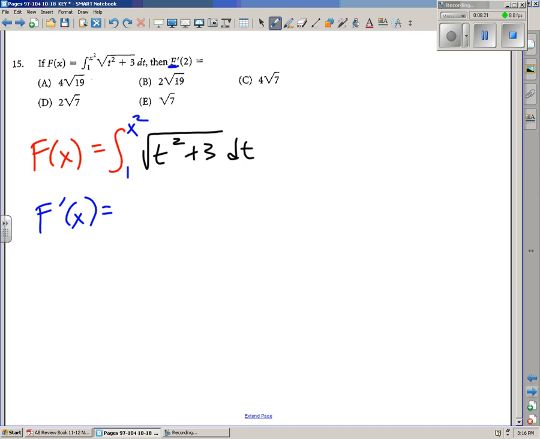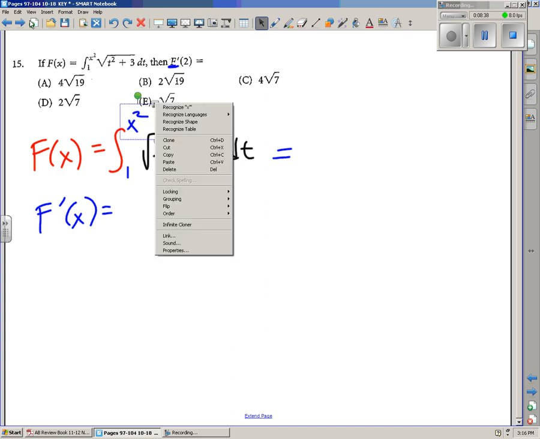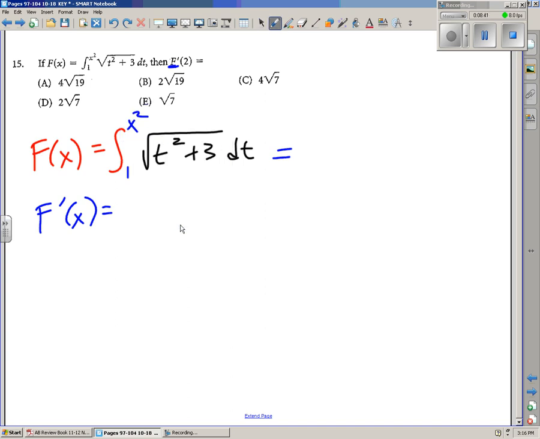The way to do this is to say, okay, well, this equals, you take whatever's in that upper limit, provided it's a variable, and you're going to replace it for t. I want to take this thing and replace it for the t.